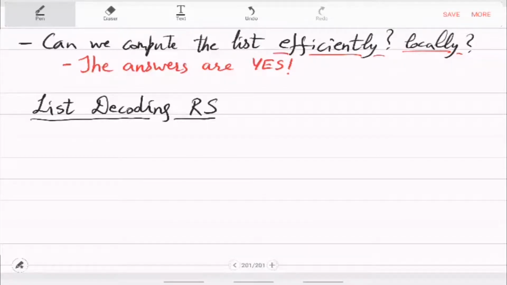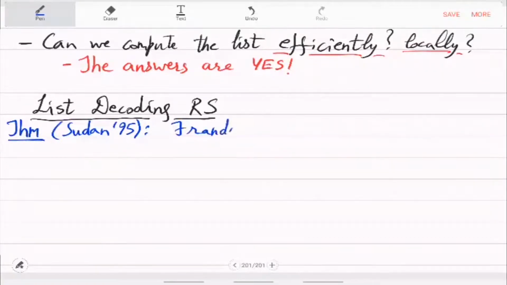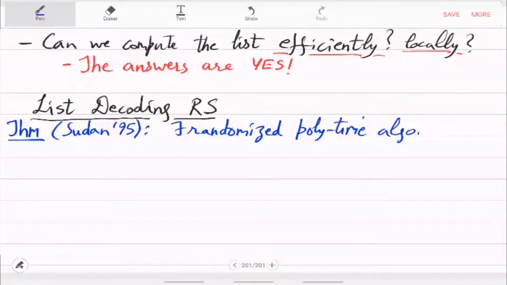Okay, this is a famous theorem by Madhu Sudan. So, he showed that there exists a randomized polytime algorithm that given a corrupted Reed-Solomon code word, which means that you are given evaluations, some of them are wrong, evaluations of a polynomial.